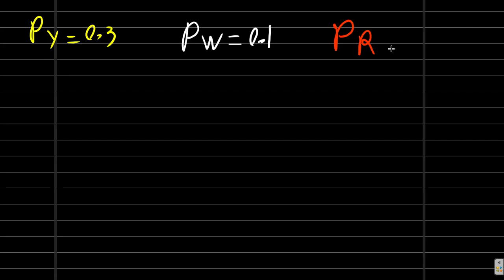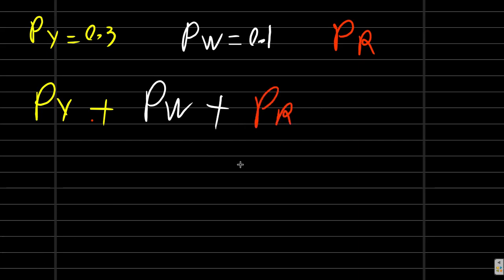So that means when a button is chosen, you can be 100% sure that it is either yellow, white, or red. If it's not yellow or white, it must be red. Alright? So the probability of a yellow plus the probability of a white being chosen plus the probability of a red being chosen must all add up to 100%.